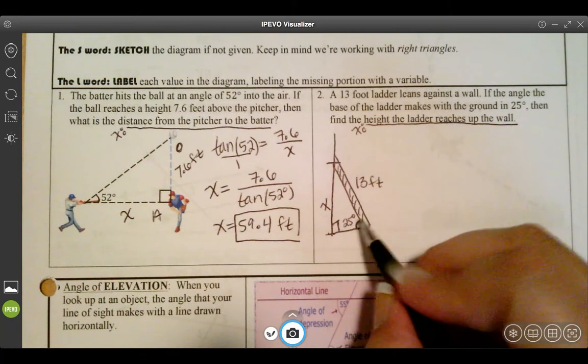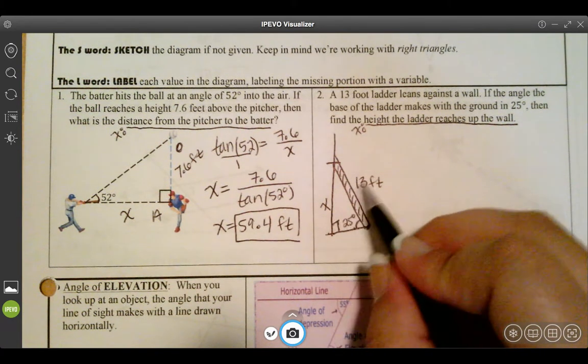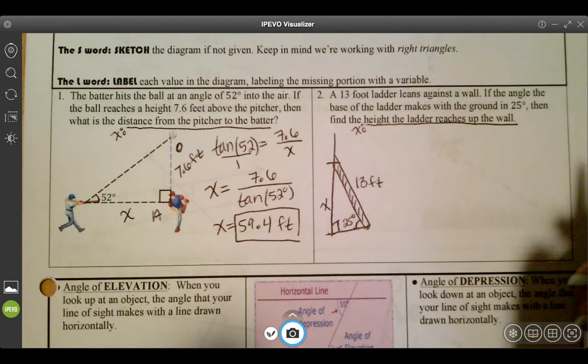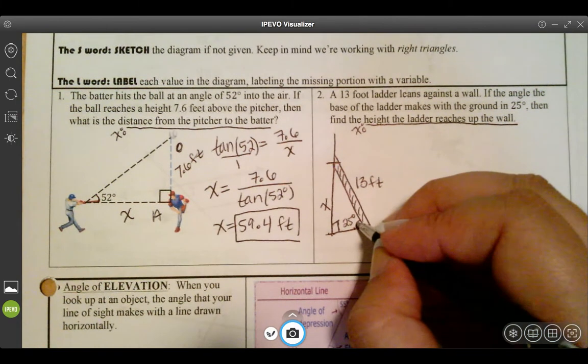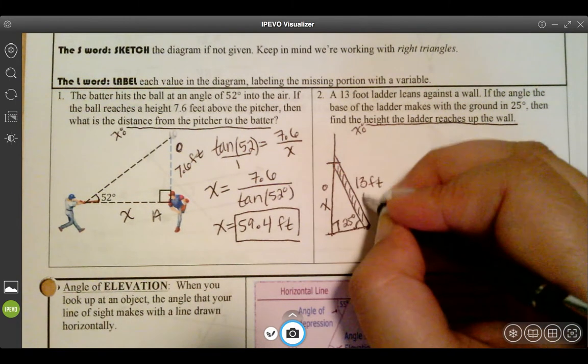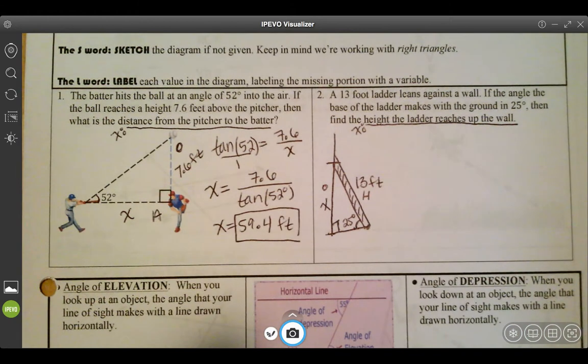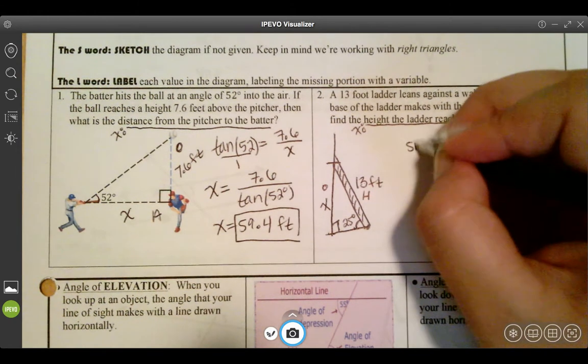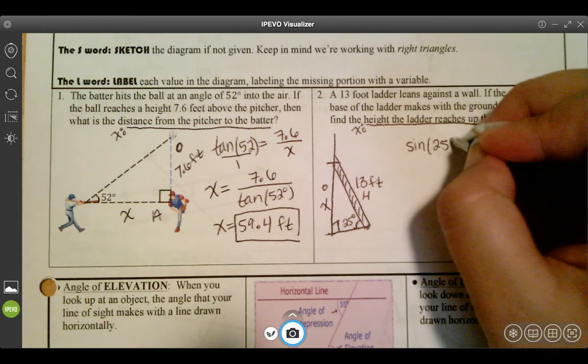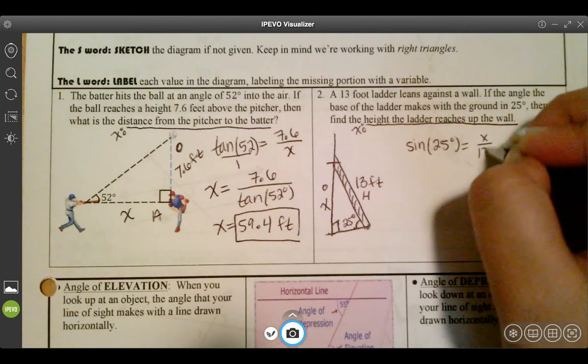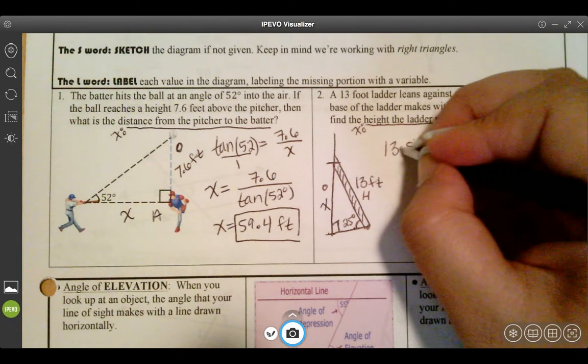Okay, so again, I have an angle. I have one side length given and one that I need to find. Trigonometry looks like the best way to solve this. Opposite and hypotenuse tells me we need sine of 25 degrees equals X over 13. This is nice, I can just multiply.